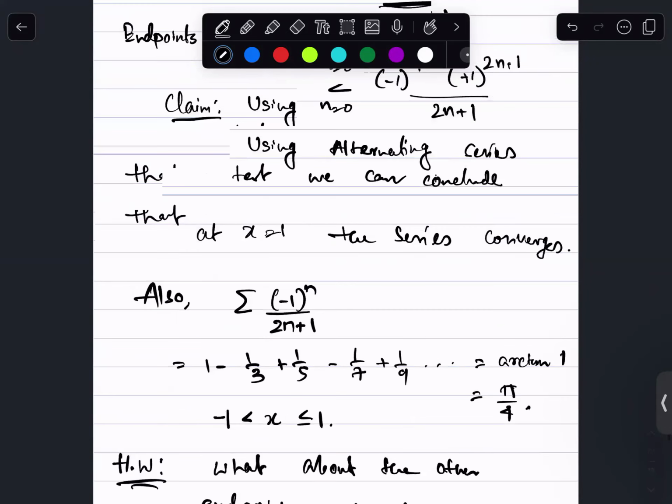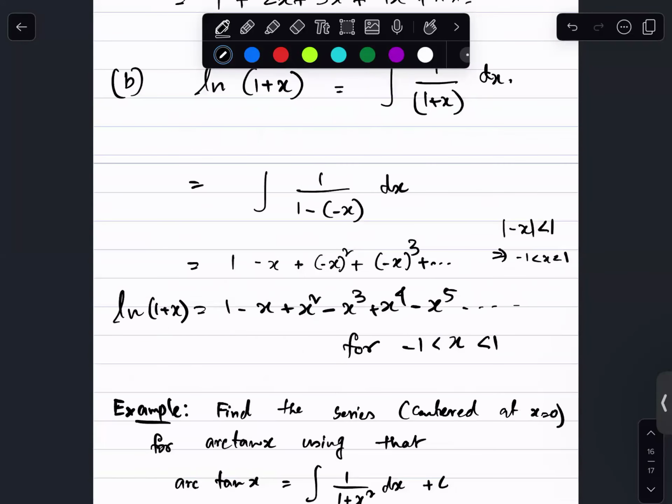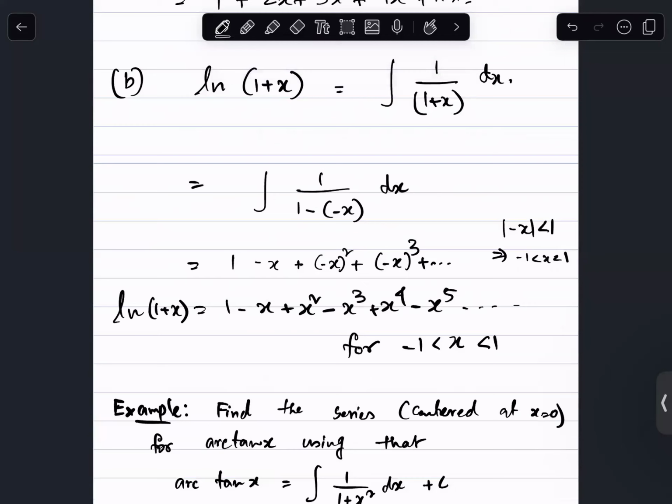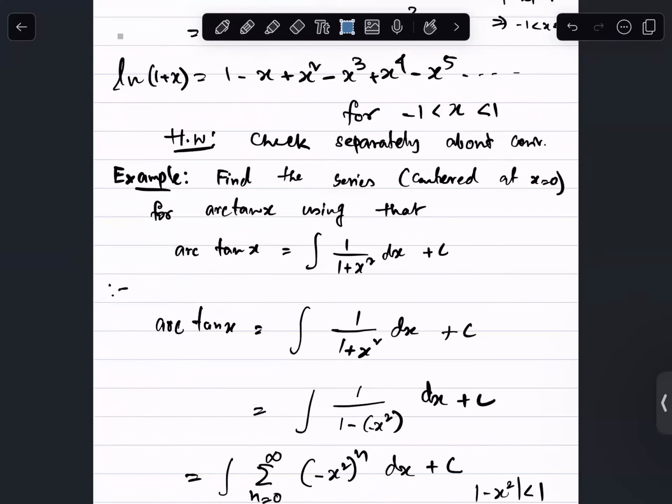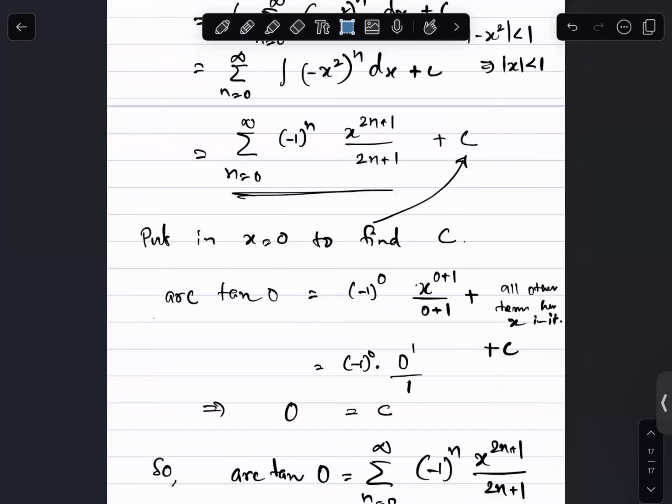And one thing I forgot to tell you, for these examples also, you can check separately about convergence at those endpoints.